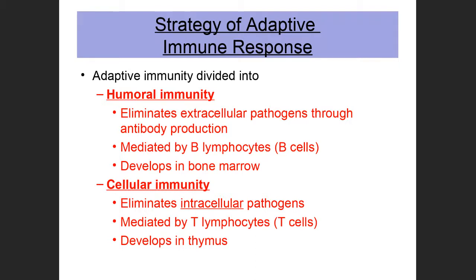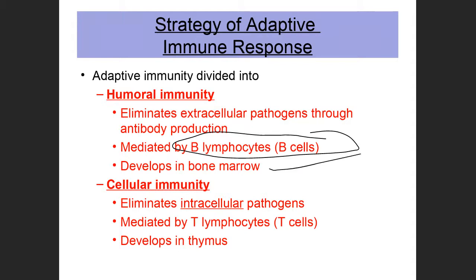The adaptive immune response has, again, in turn, two components, two divisions. Humoral immunity is the branch that eliminates extracellular pathogens that are in the body, typically circulating in lymph or blood. The cells of humoral immunity are called B lymphocytes or B cells, and this type of immunity develops in bone marrow.